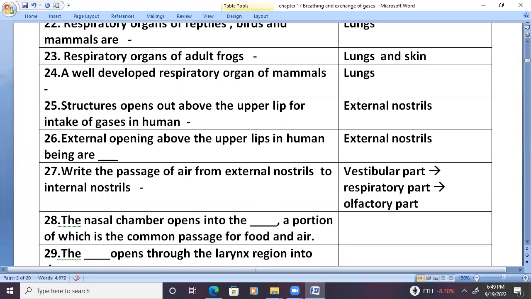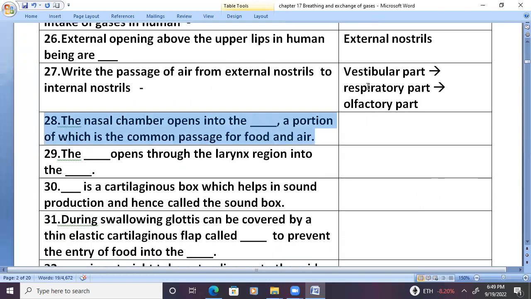Then it opens into the internal nostrils, which open into the nasal chamber, and then the pharynx. The pharynx opens through the larynx region into the trachea.